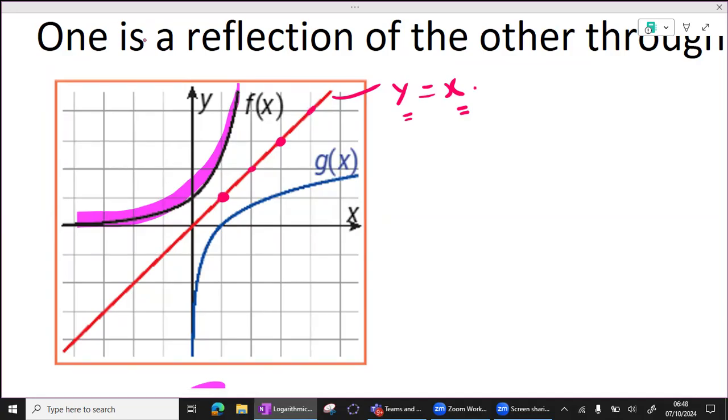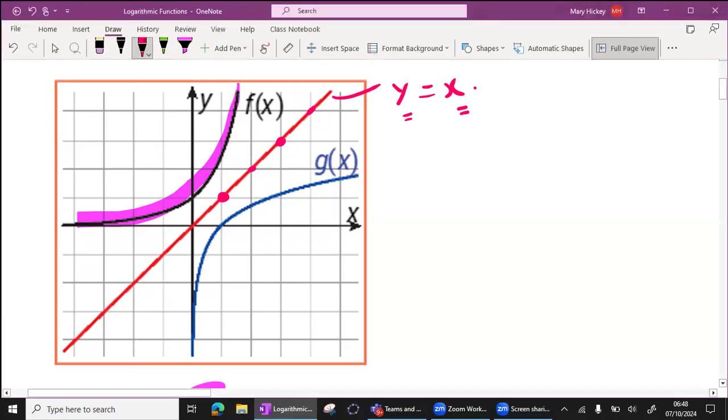Now, if you were to fold along this red line, as if the pink graph was wet ink, you would land down on top of the blue line. So what we're saying is the blue is a reflection of the pink. In other words, the log is the second graph.